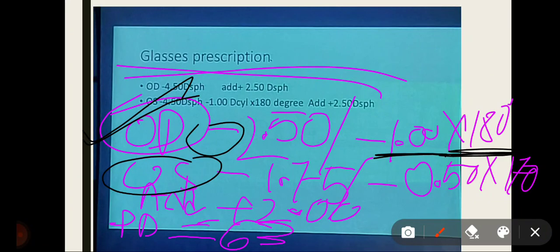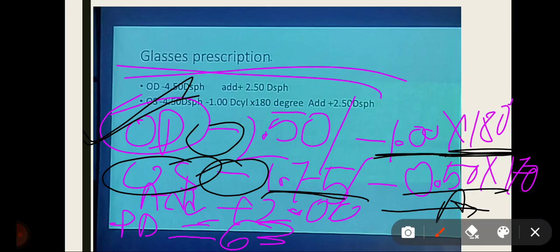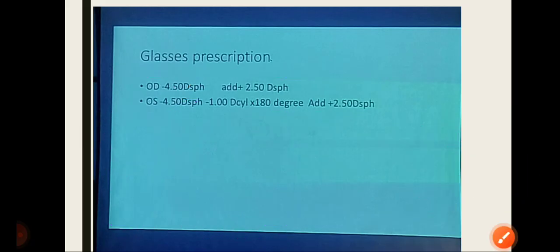For the left eye, this is 1.75 diopter myopia, again minus, and minus 0.5 diopter astigmatism at 170 degree, the orientation of the lens, and additional plus 2.00 diopter is for the near task. And PD is the pupillary distance, 63 millimeter for accurate frame fitting.